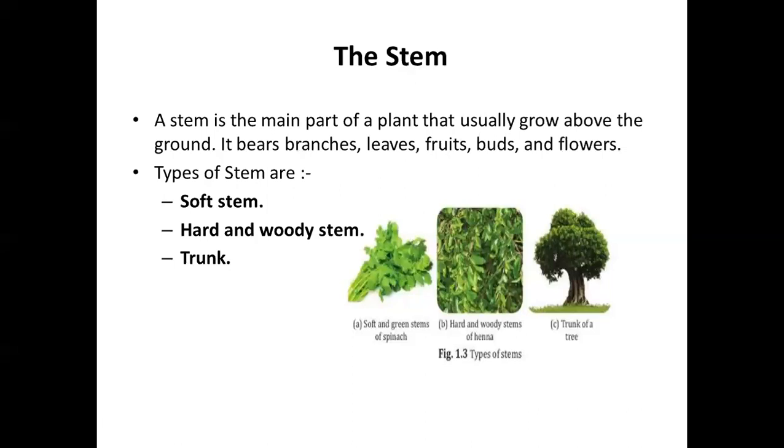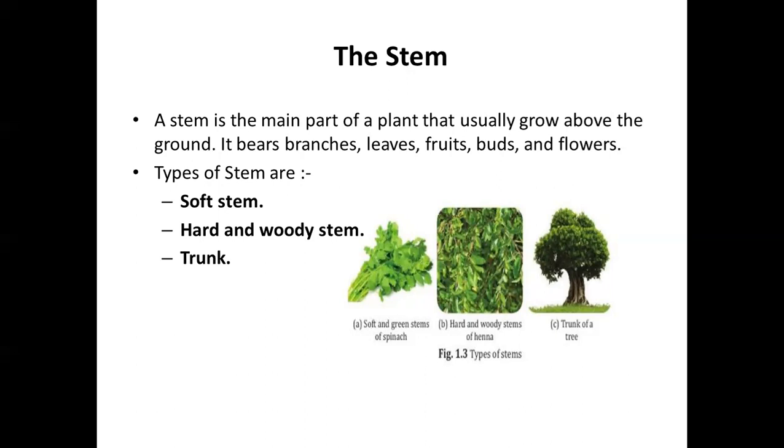The stem holds the plant upright and exposes the leaves to sunlight and air. It conducts water and dissolved minerals absorbed by the roots to other parts of the plant, and transports food prepared by the leaves throughout the plant body.